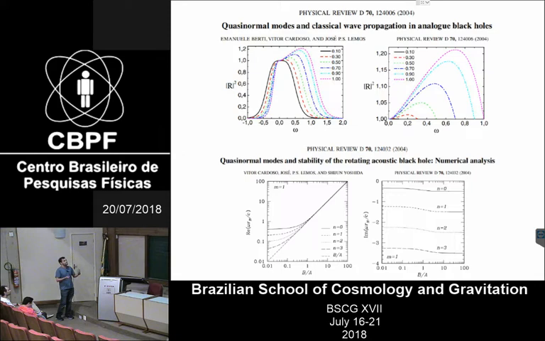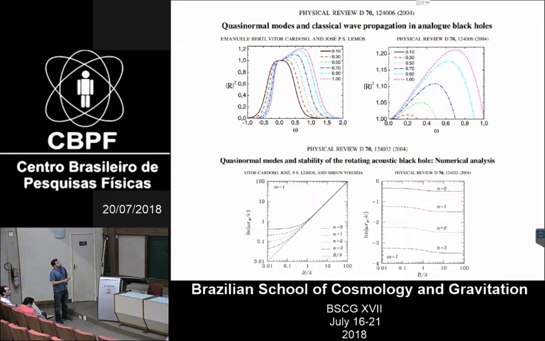It happens when you have, for instance, rotation. So here I'm focusing on rotational superradiance. These plots are basically giving you the reflection coefficient, so the ratio of the amplitudes of the reflected wave by the incident wave as a function of the frequency.